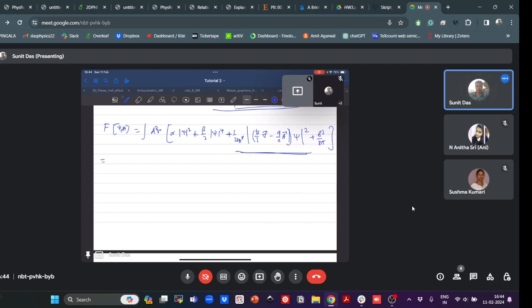Okay, so the integral d cube r of alpha psi square plus beta by 2 psi to the power 4, plus 1 by 2m star.